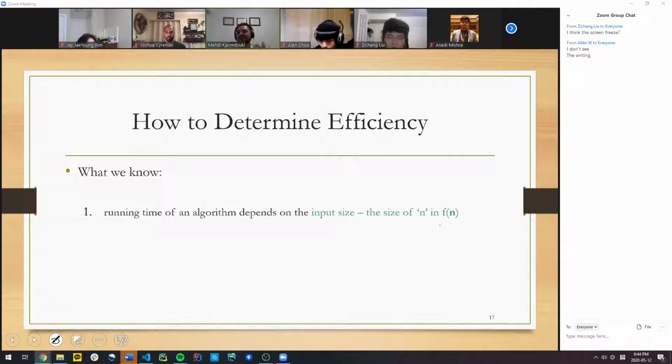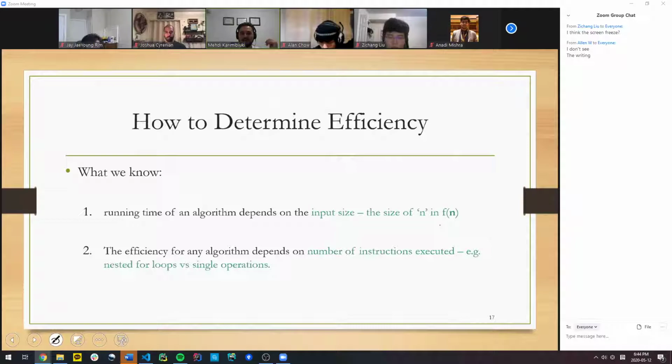The f(n) means the algorithm essentially. The efficiency of any algorithm depends on the number of instructions executed. We have to see how many instructions are going to be executed, and that will determine the time it takes the algorithm to run. So we are looking for nested for loops versus single operations. Those are the essential things that we have to look for.